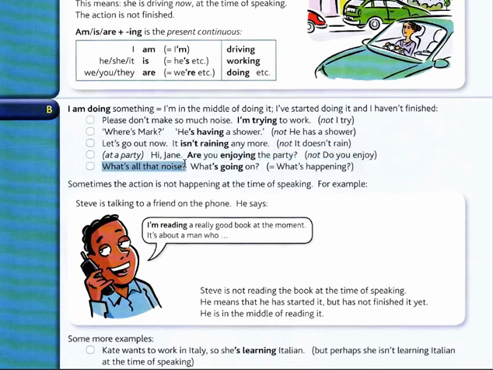What's all that noise? Someone comes somewhere and asks, what's going on? It means what's happening. Because it's about now. So this is all about present continuous.